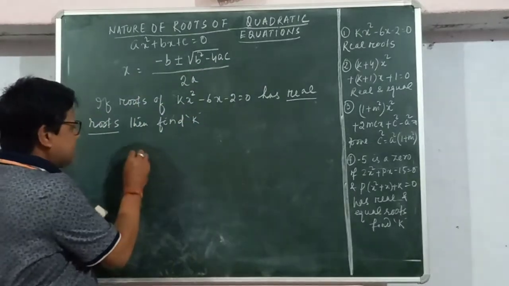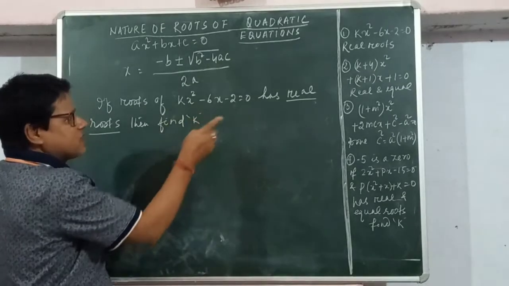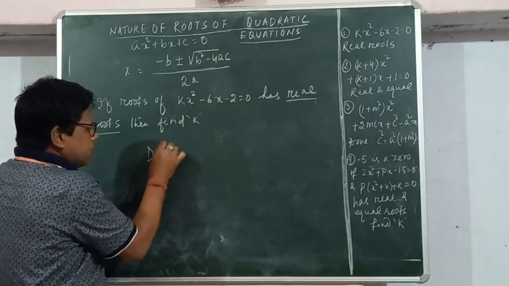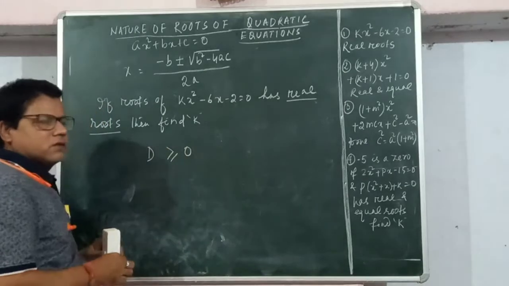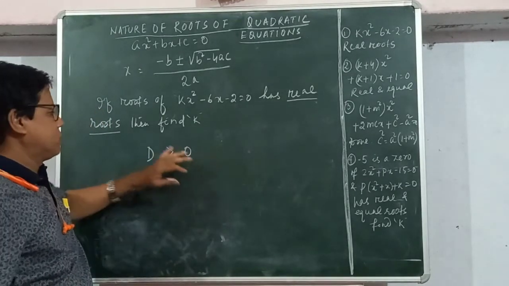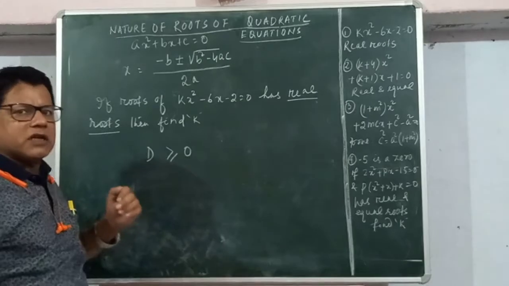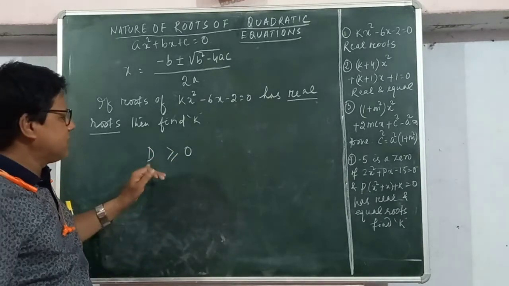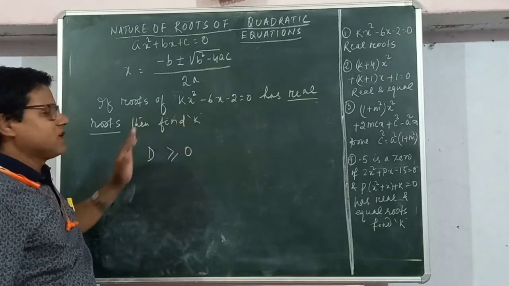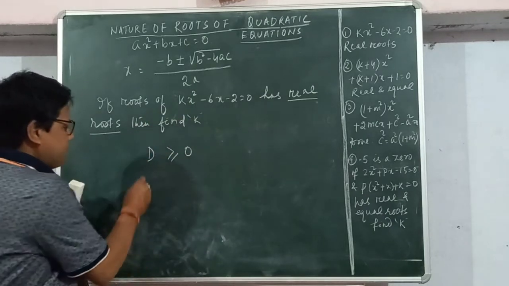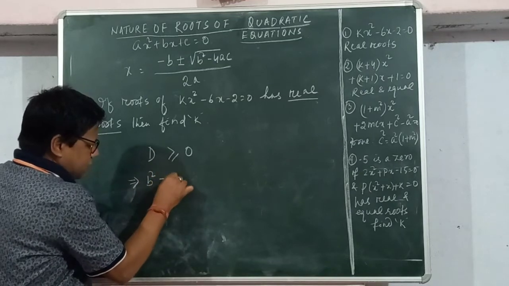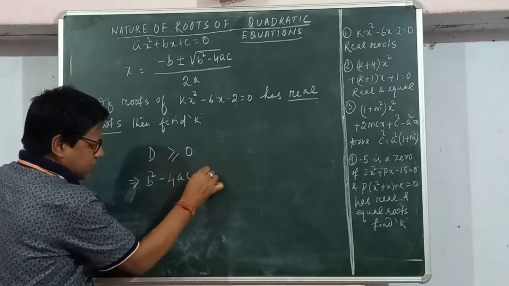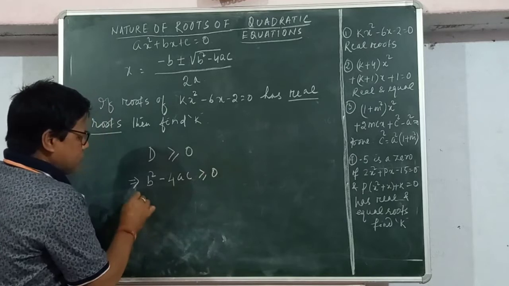As the equation has real roots, D is greater than or equal to 0. D greater than 0 means real and distinct. D equal to 0 means real and equal. This implies that b square minus 4ac is greater than or equal to 0.